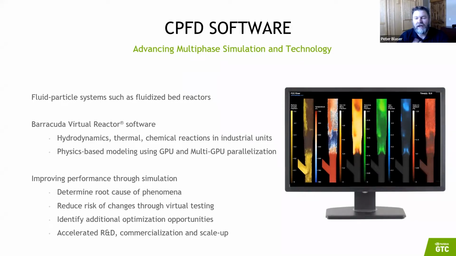It's used to look inside virtually, determine the root cause of phenomena, and perform virtual testing of alternatives before going and implementing on the unit. In the process, invariably, other optimization opportunities are identified. And for companies that are developing new technology, commercializing and scaling, they're able to explore a broader base during their R&D and then more rapidly commercialize and scale the best ideas, taking them to market much quicker.